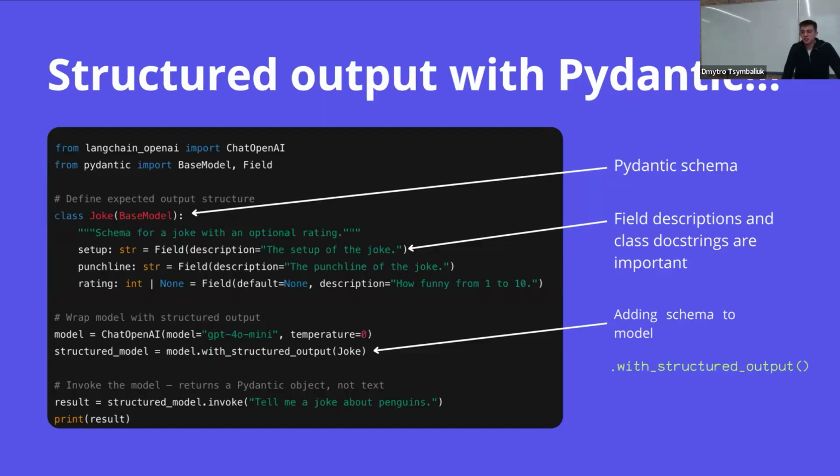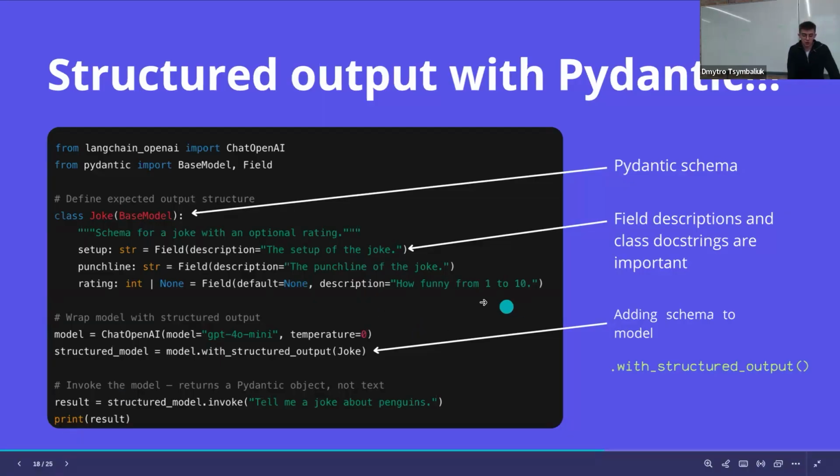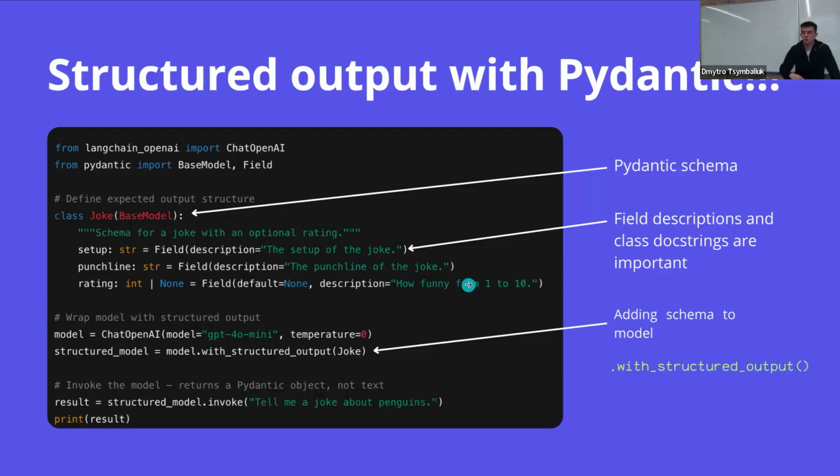But here in LangChain, this description is very important, because it's like an additional prompt for your model. It's additional information telling the model that setup is a field to set up a joke. Punchline is obviously the punchline of the joke. But for the rating, it's very important because it gives the model more context about what you want to receive in this field.